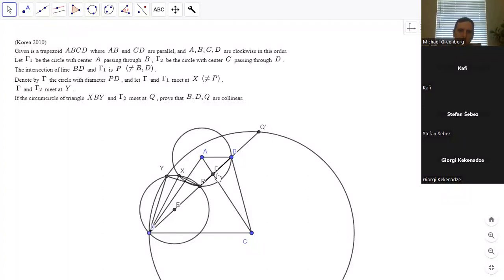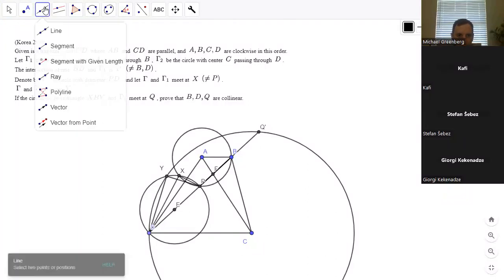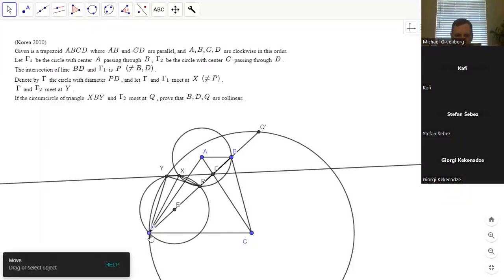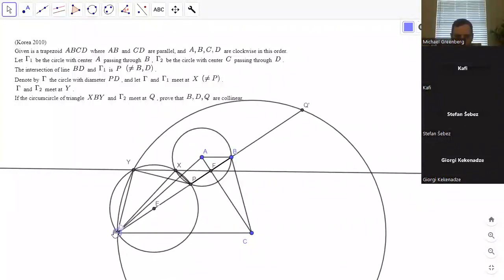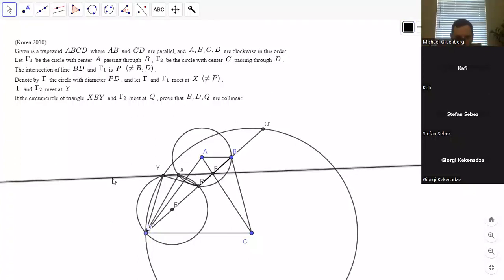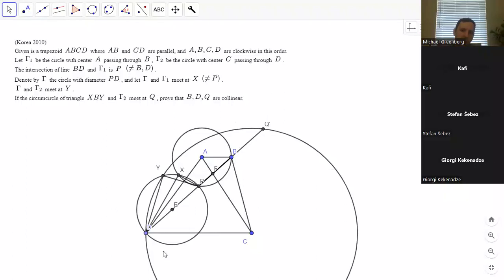Could we show FP, like, power of a point somehow? So yeah, we want to show that these are collinear. That itself is kind of an interesting fact, that those are collinear.